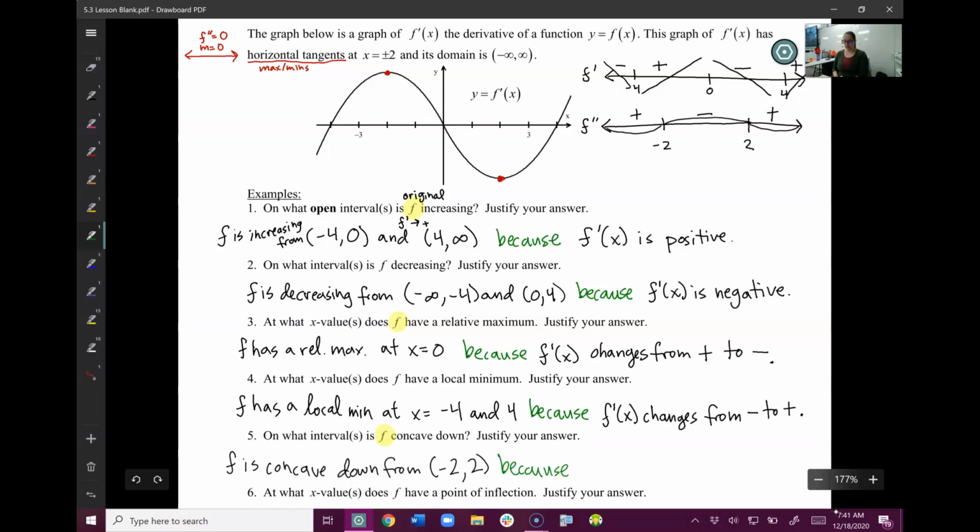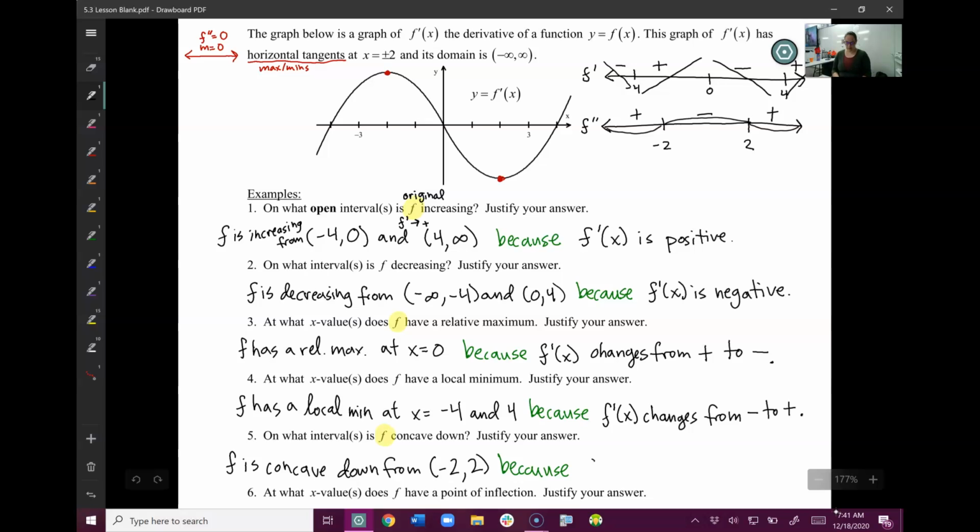because, now this because is a little tricky. We can't say because f double prime of x is negative. That doesn't work because that doesn't reference what we have been given. We have to reference f prime because that's what we're given.